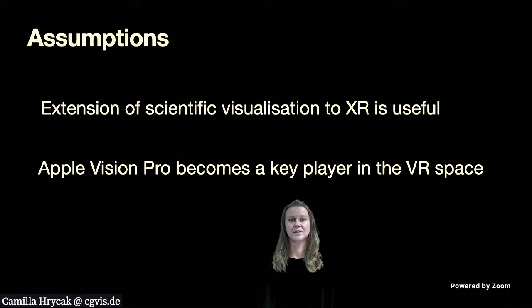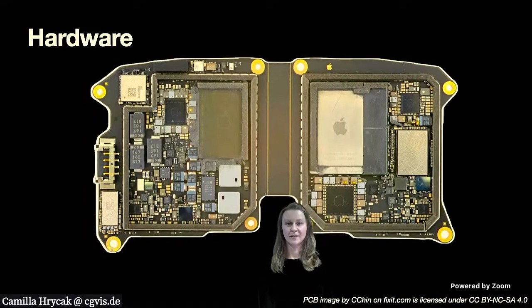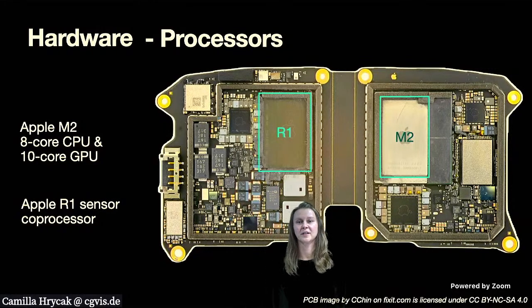With these assumptions in mind, let's now take a closer look at the hardware that powers the Apple Vision Pro and how it supports volume rendering in an XR environment. The Vision Pro includes two main processors. We have the R1 processor, which is a sensor coprocessor, and it is responsible for XR fusion and real-time video processing of the surroundings.